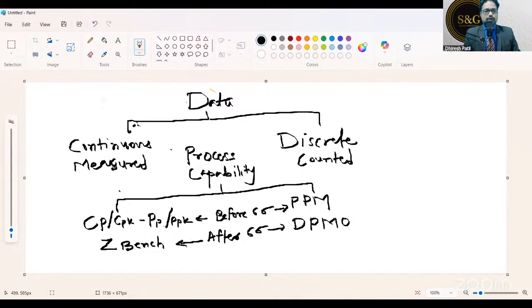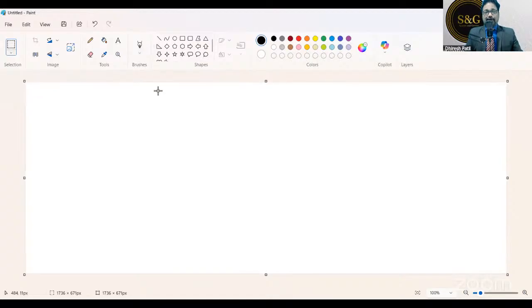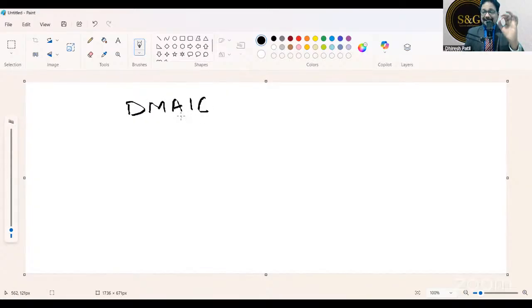Okay, super. Now, in this DMAIC framework, which phase do you feel that process capability is calculated? Type in the chat box. Define, measure, analyze, improve, control. Out of these five phases, which phase do we calculate process capability?